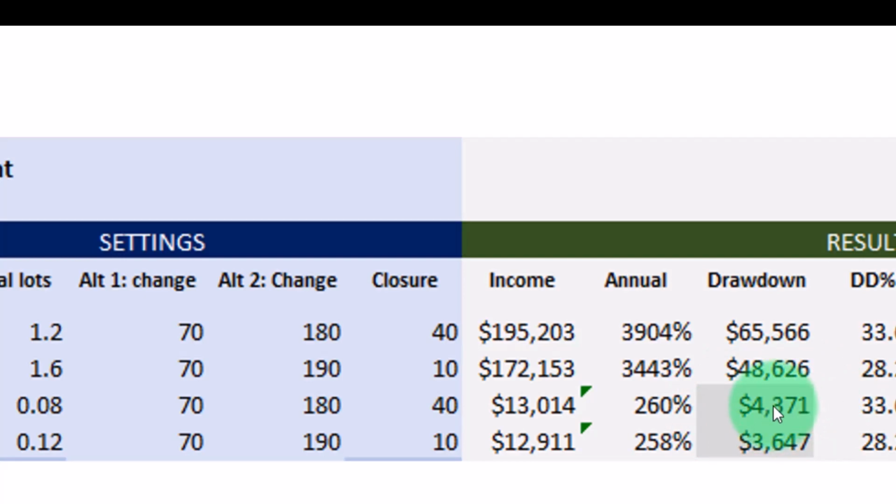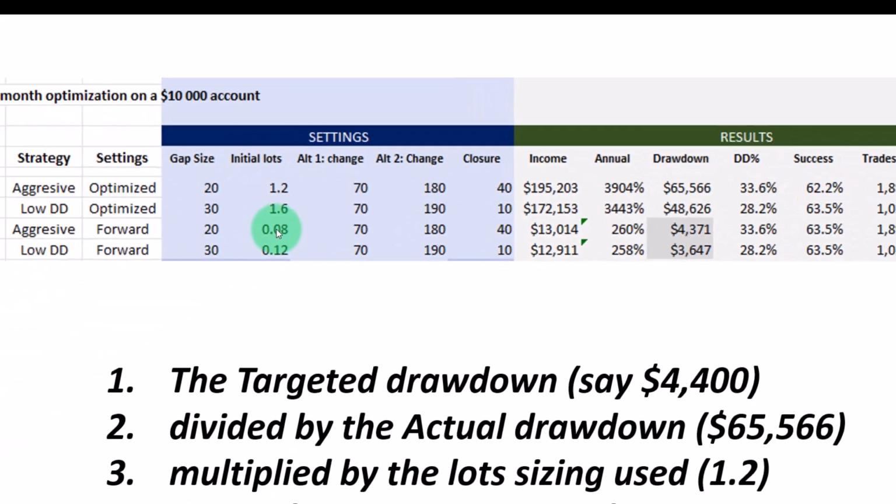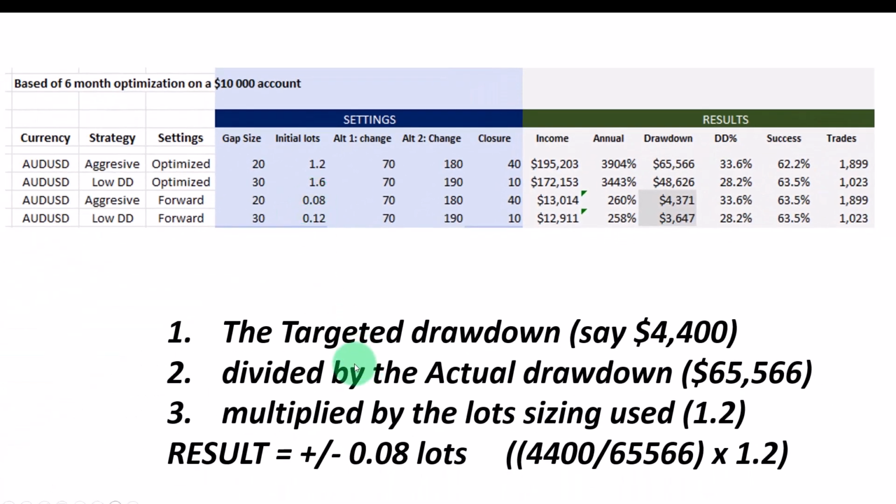So in order to get that drawdown, I have to adjust these settings, and it's very easy to do. All you do is you say, that amount of drawdown is generated by so many lots. I want to do that amount of drawdown. How many lots should I have? And here is the formula. It's a very simple formula. You look at the targeted drawdown, let's say 4,400.